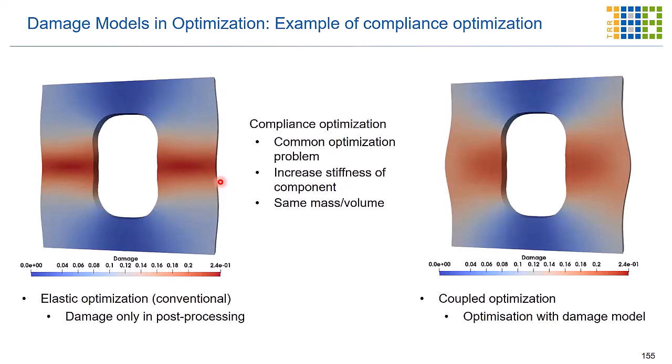Another comparison I would like to show you is the compliance optimization, where we compare really now the conventional elastic optimization, where damage is only computed in a post-processing step, and another one where you really have a coupled optimization, where damage is really calculated during the simulation.